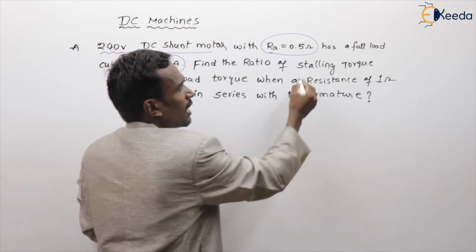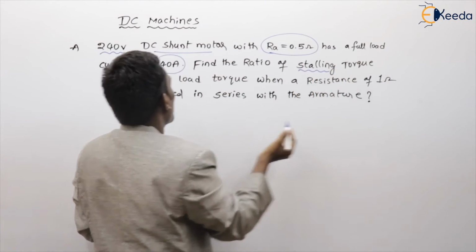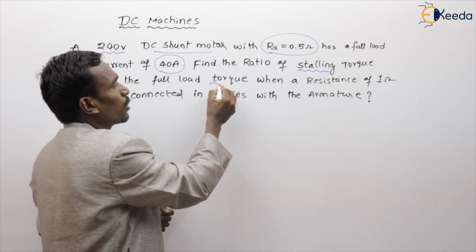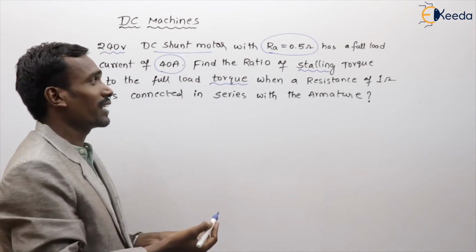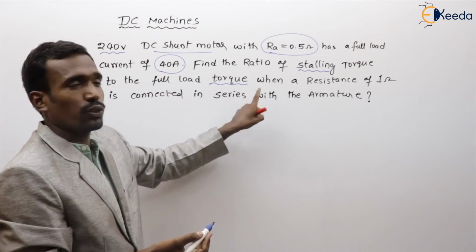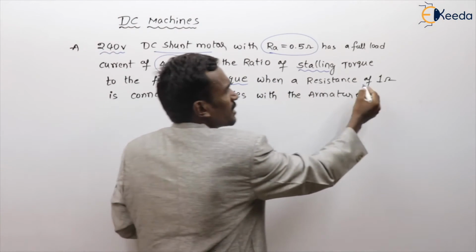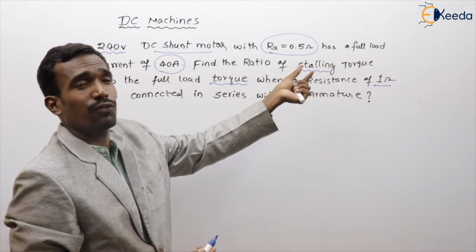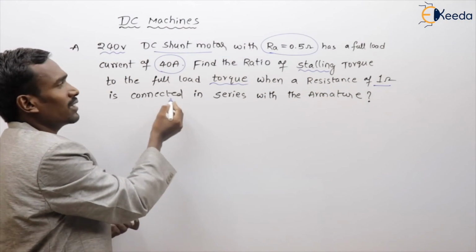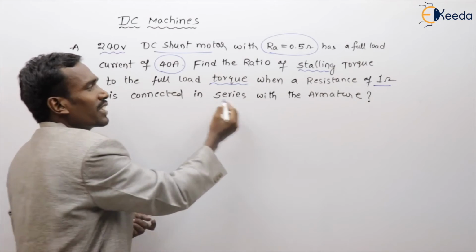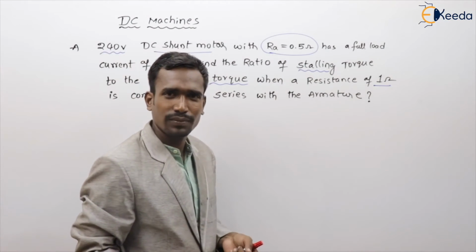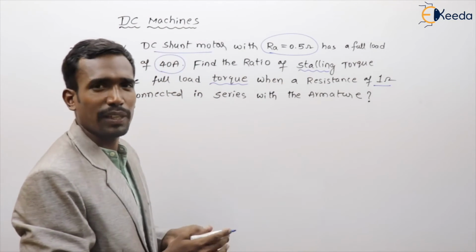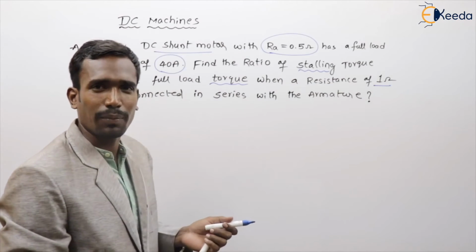Find the ratio of stalling torque to the full load torque when an extra resistance of 1 ohm is added in series with the armature.